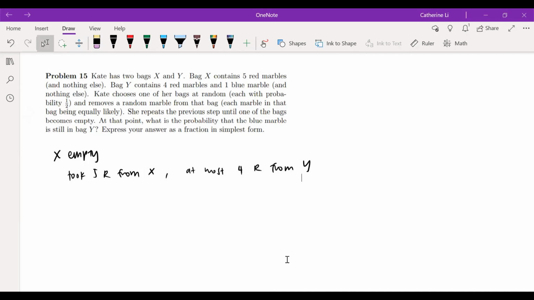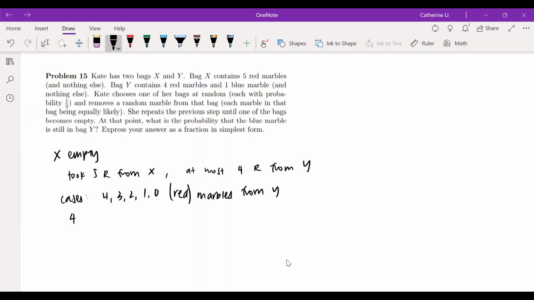So let's look at the cases. We either took 0, 1, 2, 3, or 4 red marbles from Y.